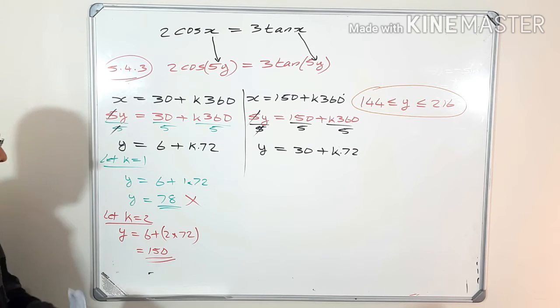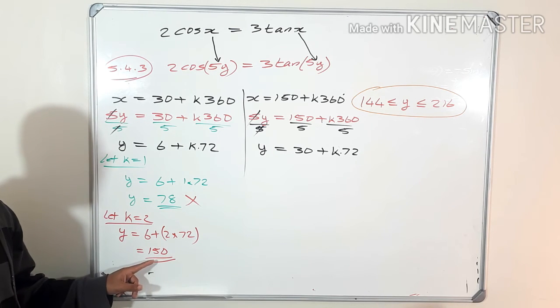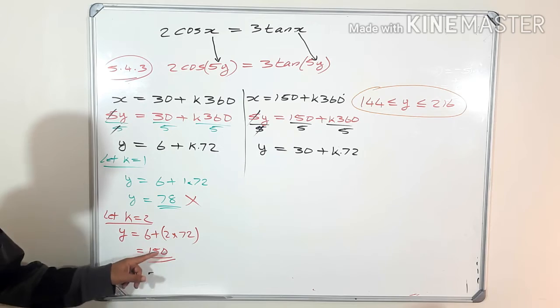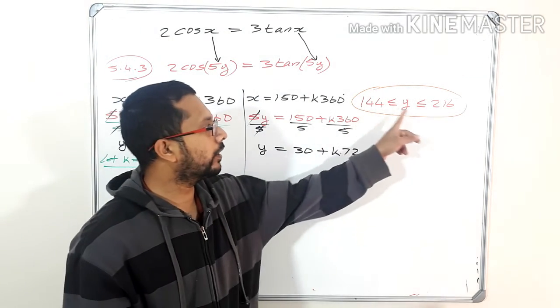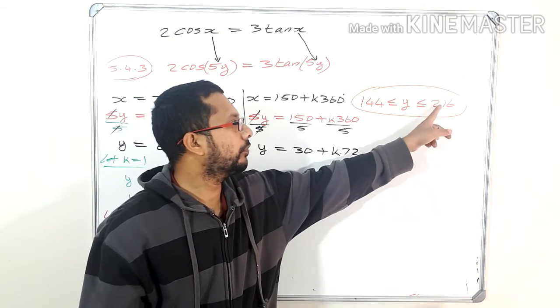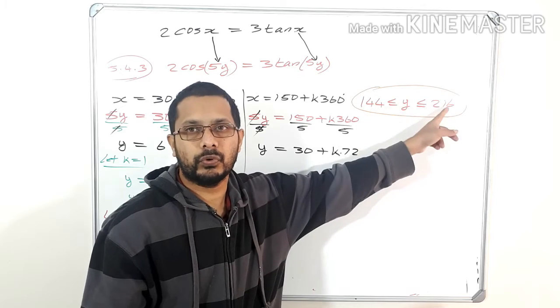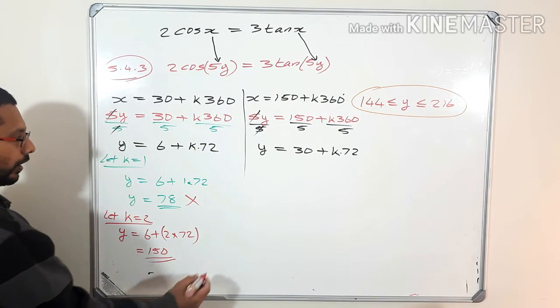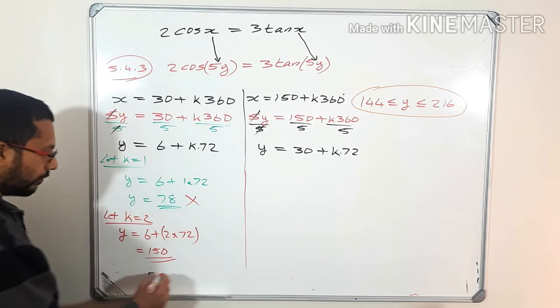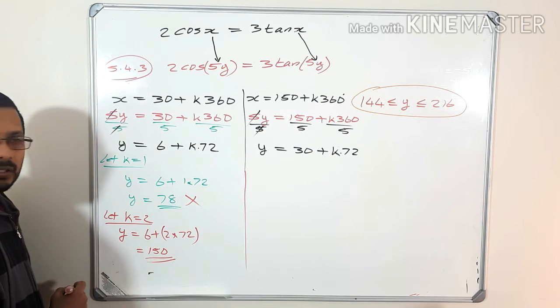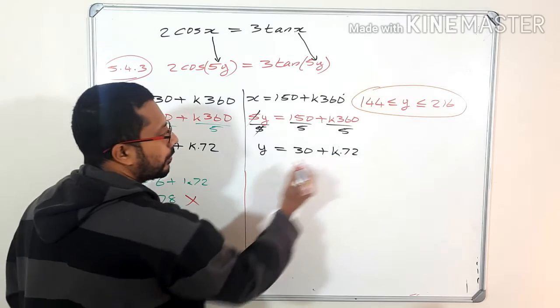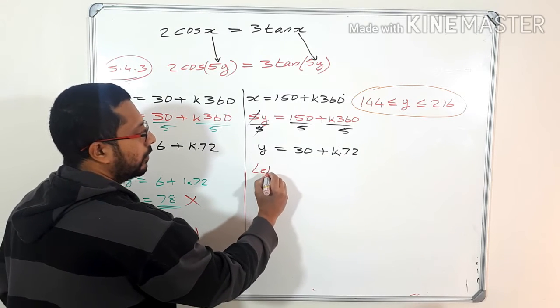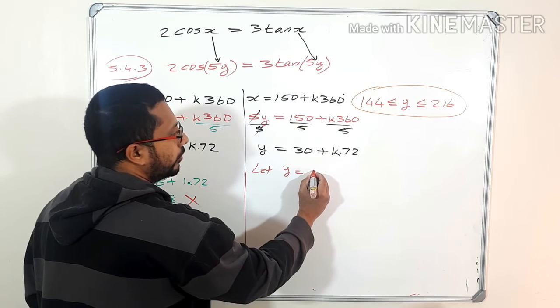That means the value of y is 150, and you can see that 150 is in the interval between 144 and 216. So we got one y value, that is 150. Now let's try to substitute here also, let k is equal to 2.